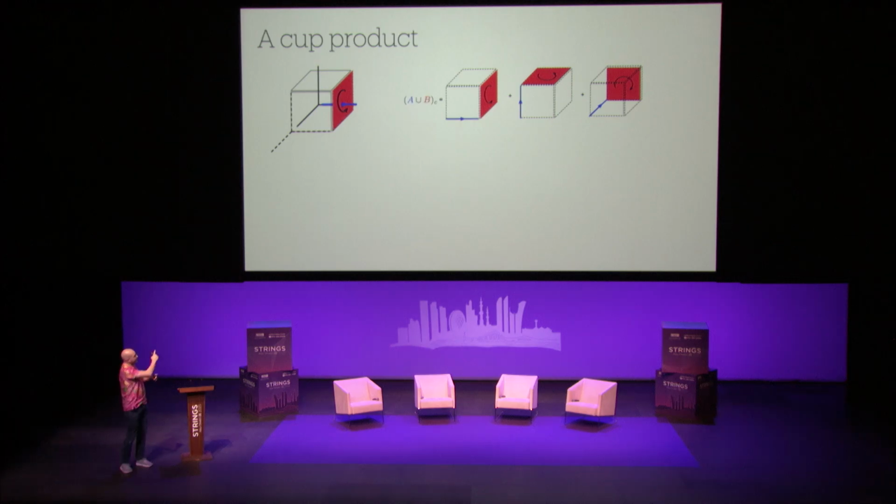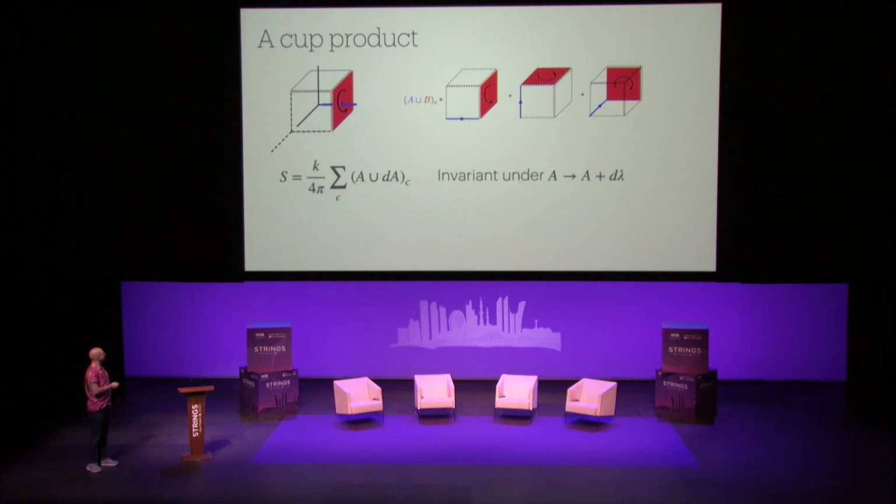I picked diagonal this way, but I could have picked any other diagonal, and it would be perfectly fine. So there's this ambiguity, and I want you to remember this ambiguity in defining the cup product, because it will be important later. It will have something to do with Wilson lines becoming strips.